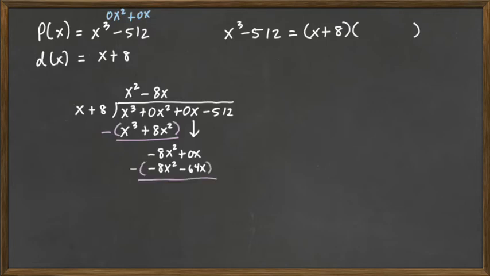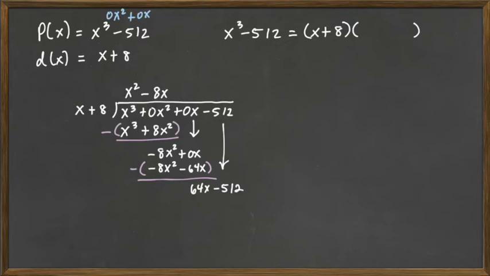Let's go ahead and subtract. When you subtract negative 8x squared minus a negative 8x squared, that becomes plus 8x squared, and those do add up to 0, which we expect. And then we have 0x minus negative 64x. That's plus, I think I said that wrong, plus 64x. And so we get plus 64x.